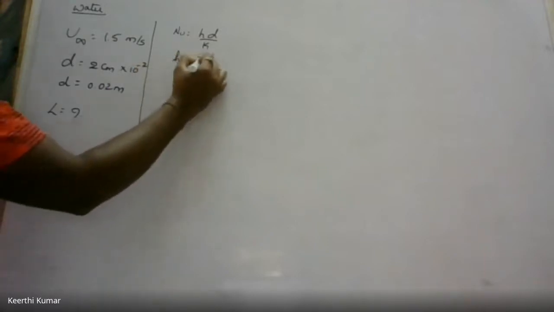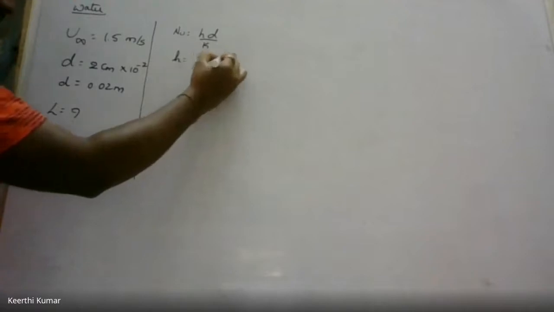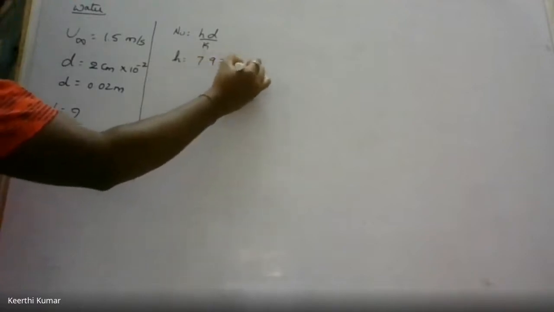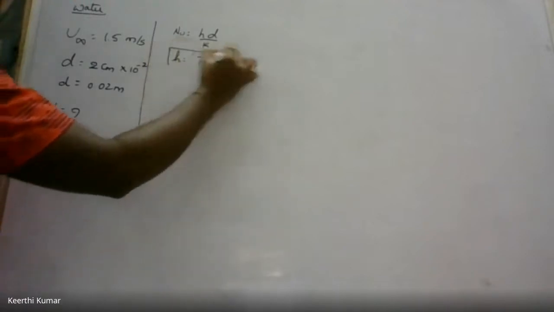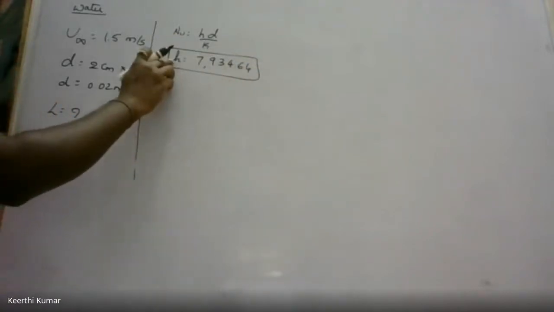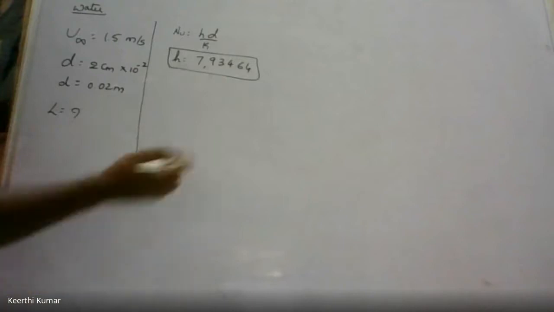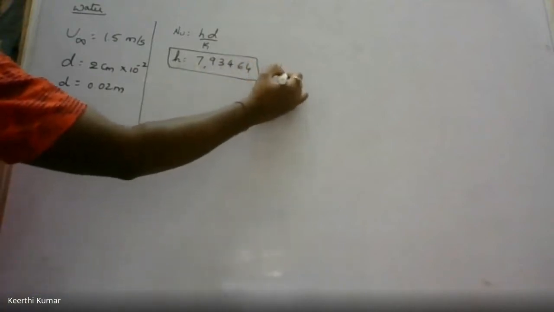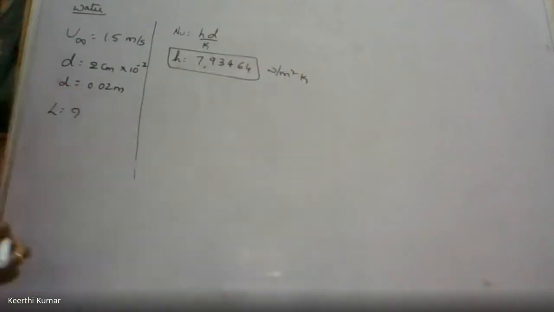So I'll write the answer I got: 7934.64. If it is varying too much from the answer I got and yours, please inform me. If one or two, no issue. That depends upon the decimals you have taken. Watt per meter square Kelvin. That is the value of h.